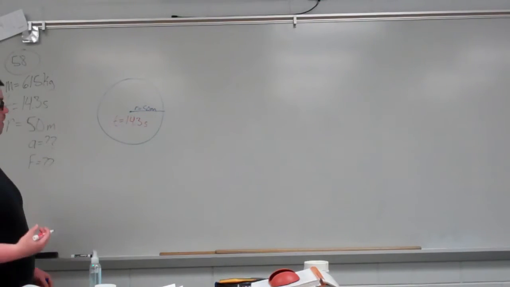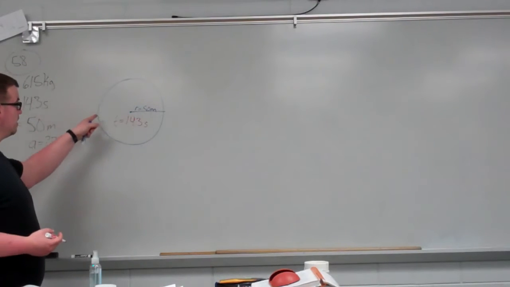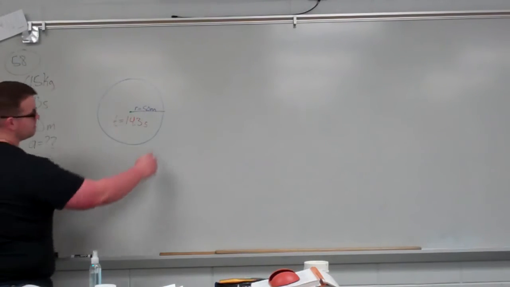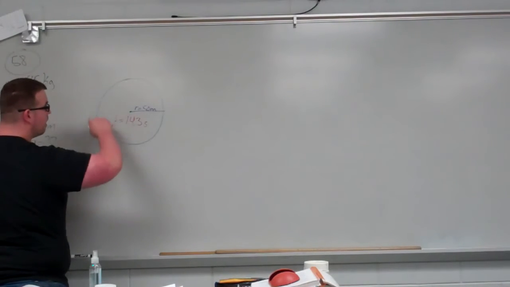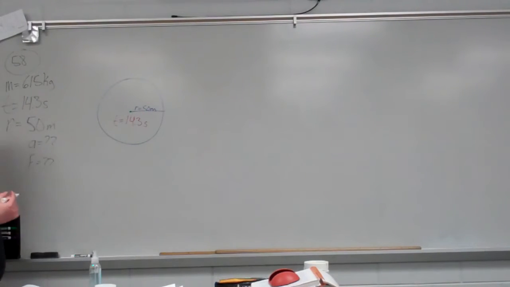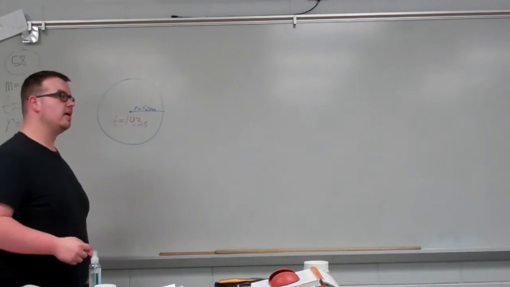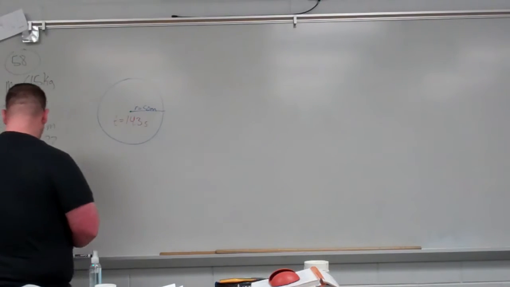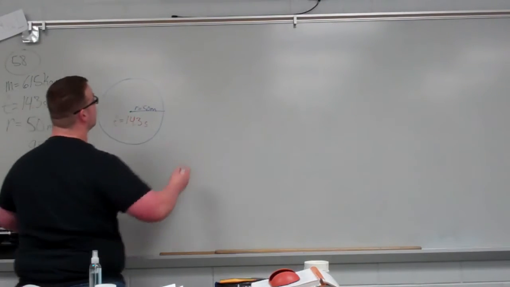So the car is actually driving on the blue here, where the circle is. If he leaves from this point, it takes him 14.3 seconds to go all the way around and get back to the same point. You need to find the acceleration. So part A, we need acceleration.